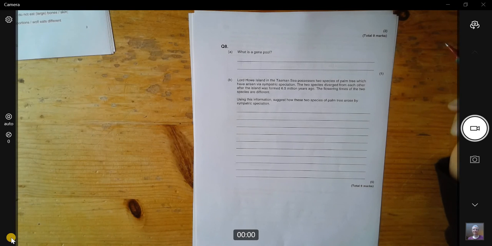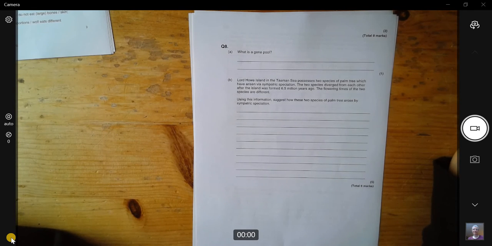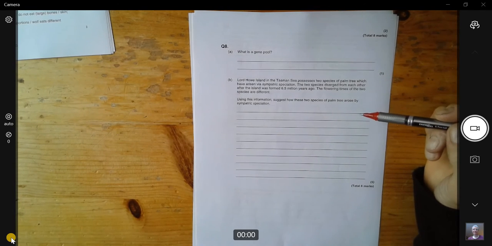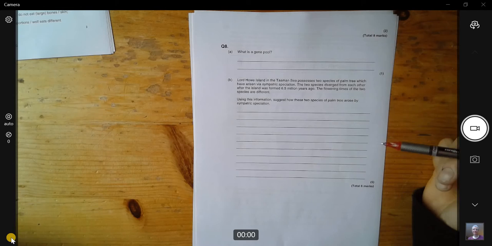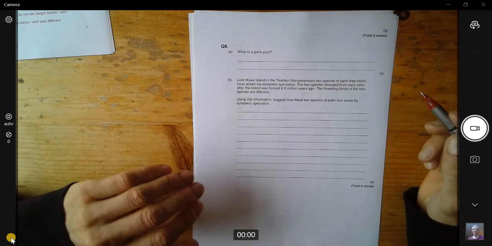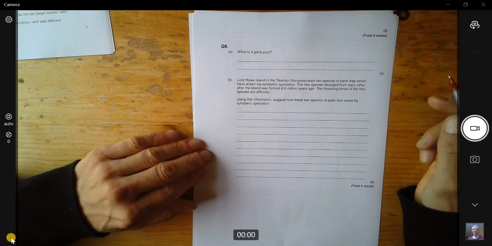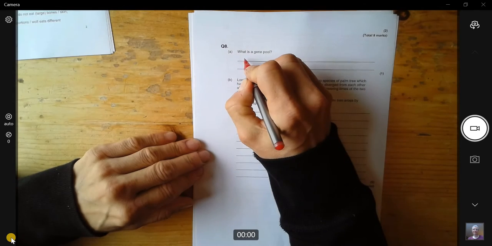Assignment book question 8. This is a reasonably straightforward question. It has a bit of AO1 in both parts, and then AO2 using the information that's been given. First of all, we start off with: what is a gene pool, for 1 mark, and just your definitions.